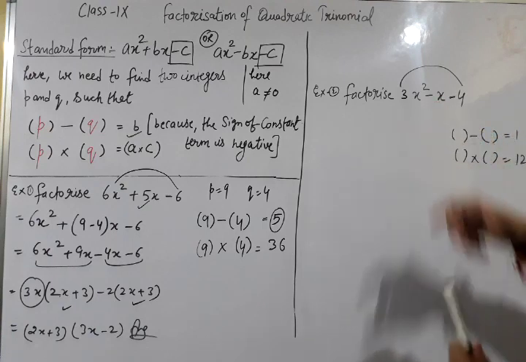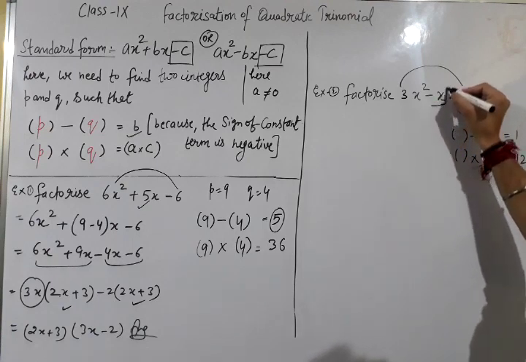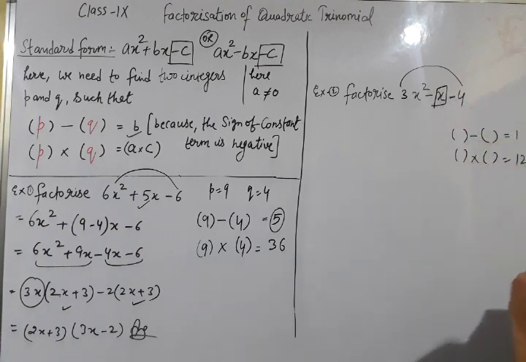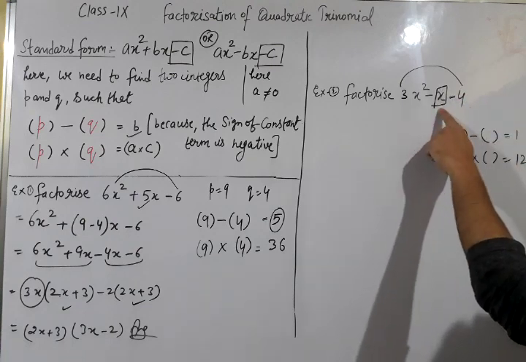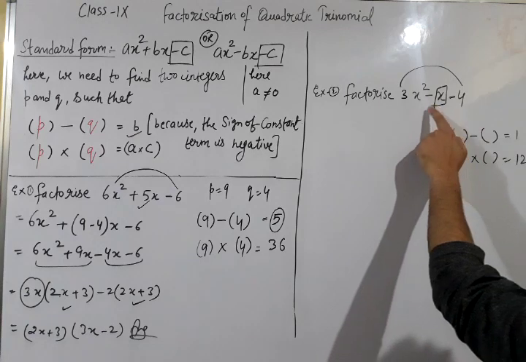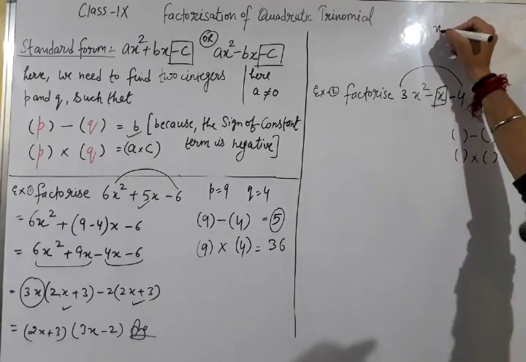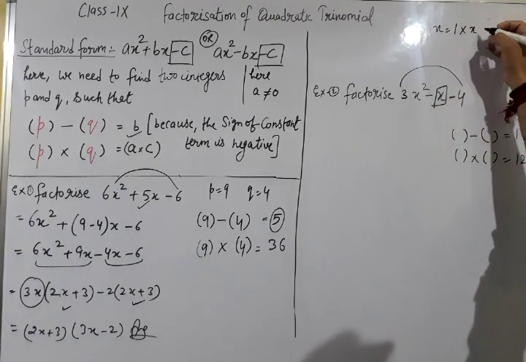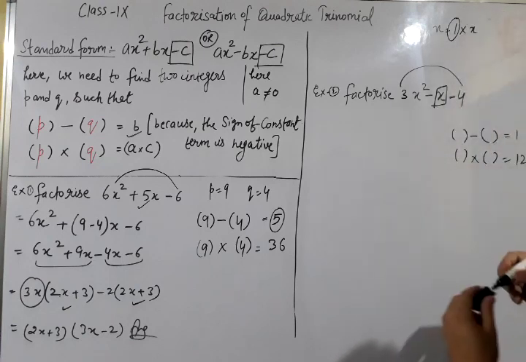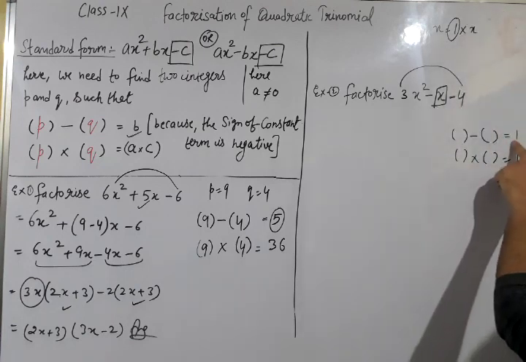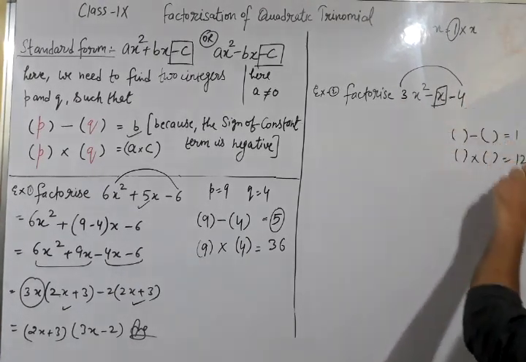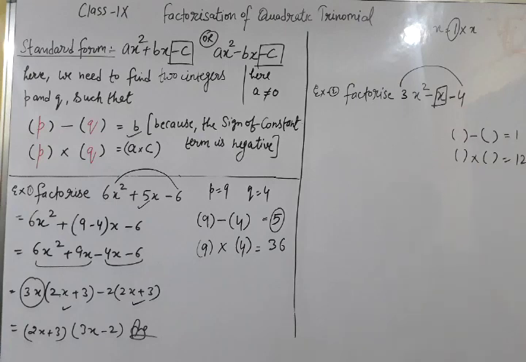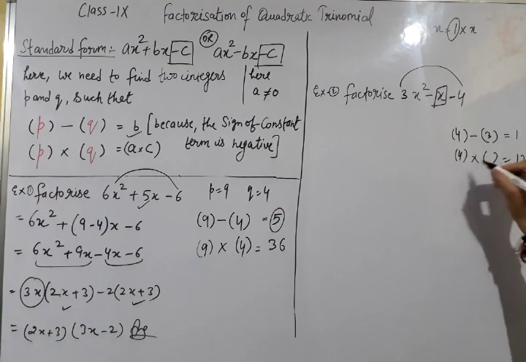Because the coefficient of the middle term is 1. We don't have any coefficient here of x, so we assume it is 1, because x can be written as 1 multiplied by x. 4 minus 3 is equal to 1, and 4 into 3 is equal to 12.